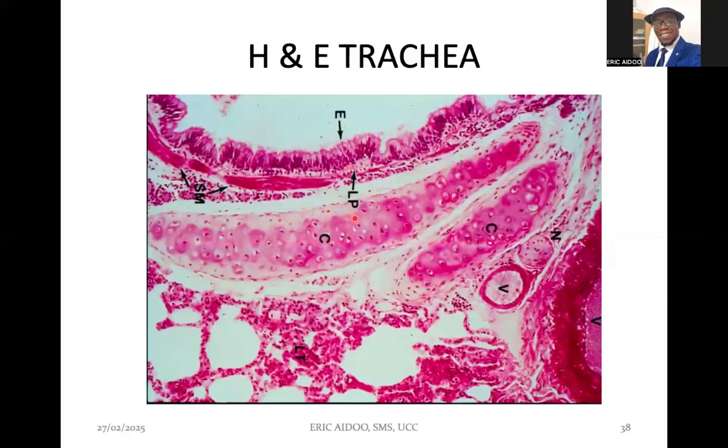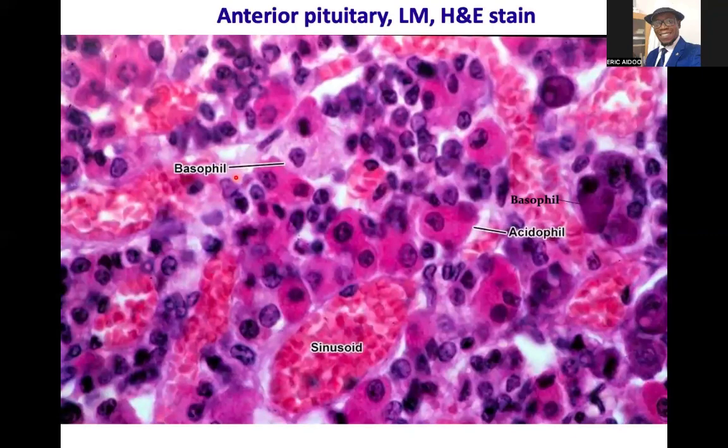Again, you can see pink colors there. You can see dark regions interspersed. This is cartilage with the chondrocytes. These are smooth muscles, trachealis muscle. Part of the pituitary too, so you can see basophils there, and acidophils picking more of the eosin.